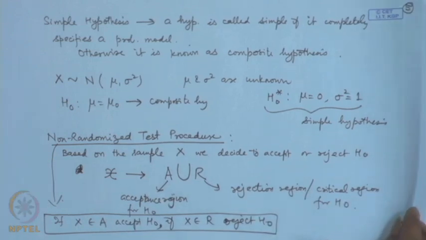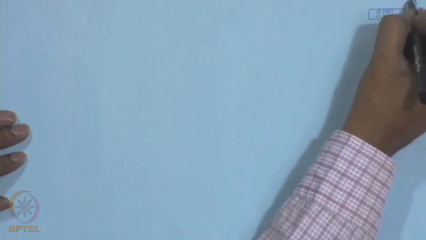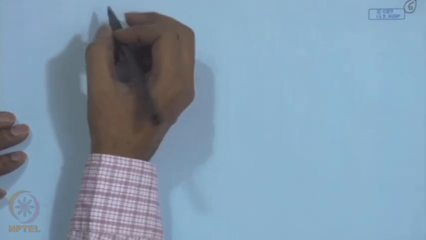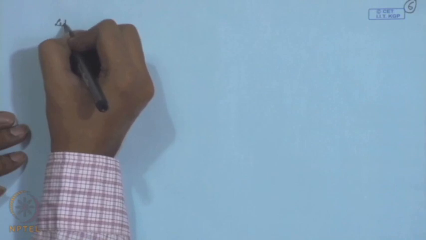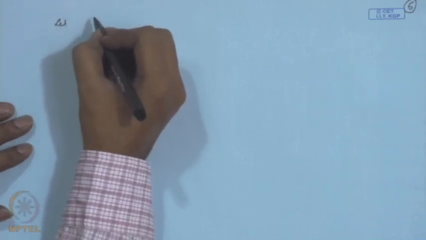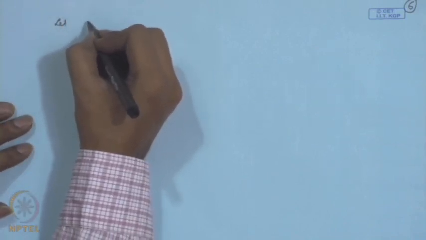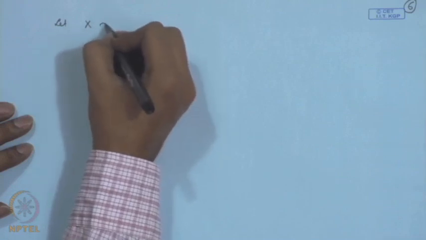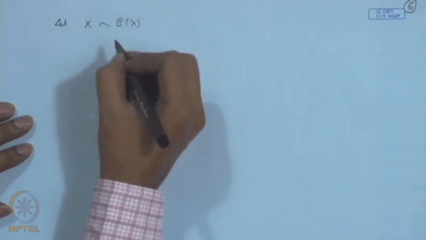Let me explain through one or two examples here. Let us consider X following Poisson lambda distribution.